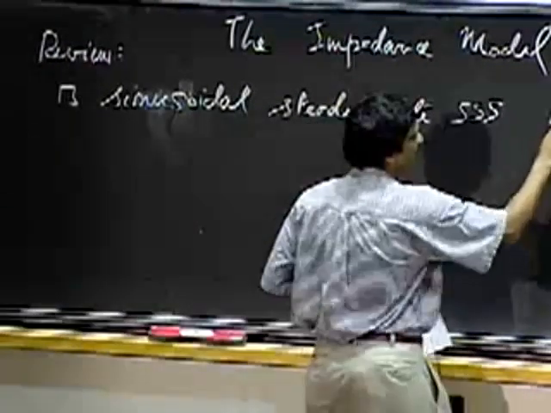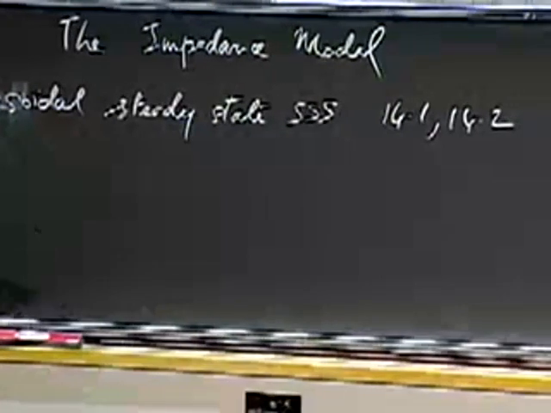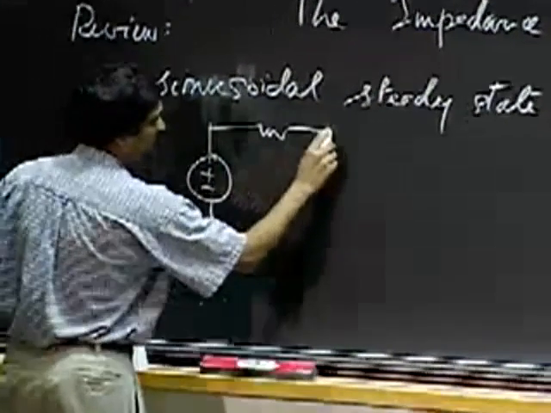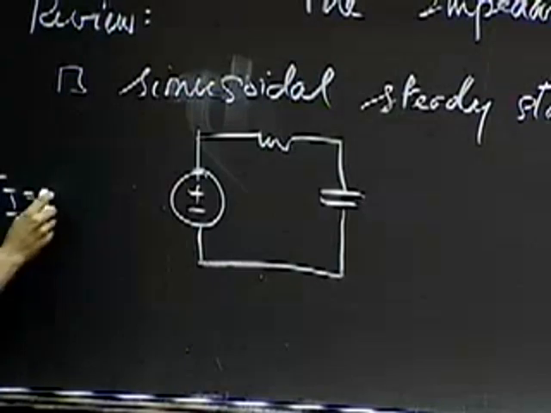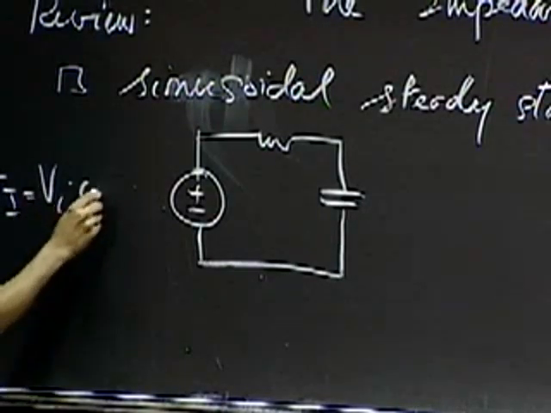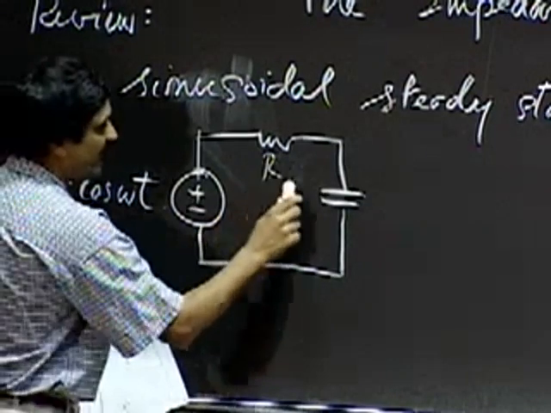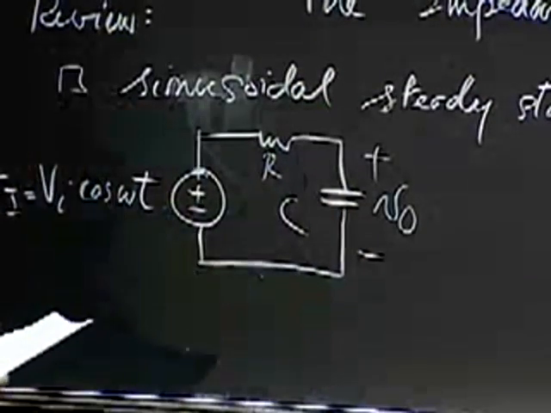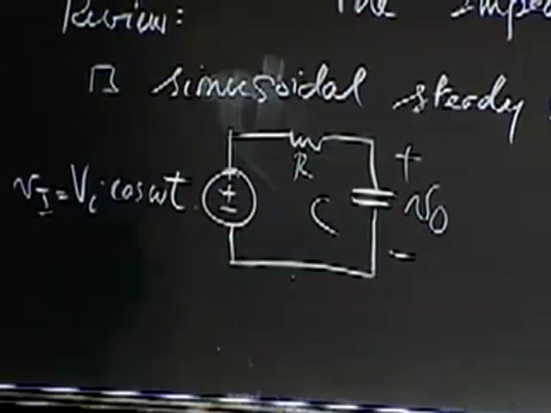The readings for this were 14.1 and 14.2. So what we said was, we took this example circuit, and we fed as input cosine of omega t. We have an R and a C, and let's say we cared about the output response, the capacitor voltage.